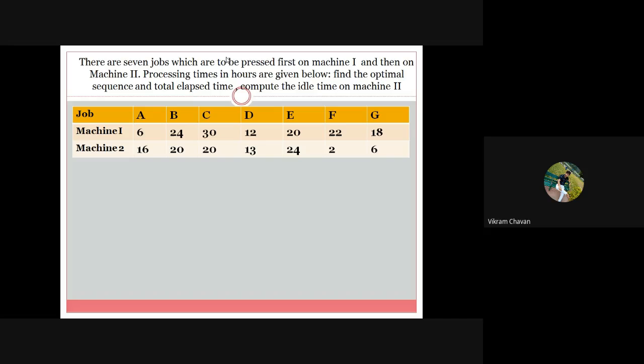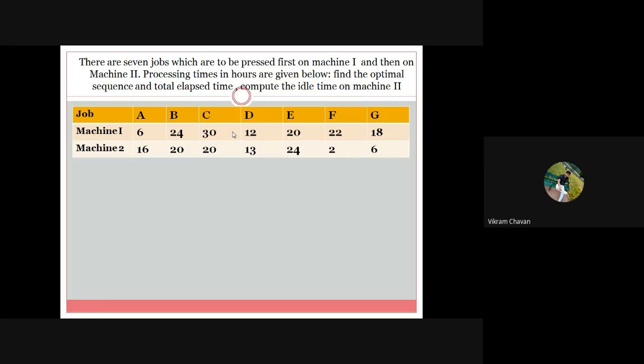Okay, have you noted? Now we have to compare. Here we have to compare which job has the lowest processing time out of these 2 machines. Which job has the lowest processing time, and on which machine? After comparing all these processing times, which job has the lowest processing time?